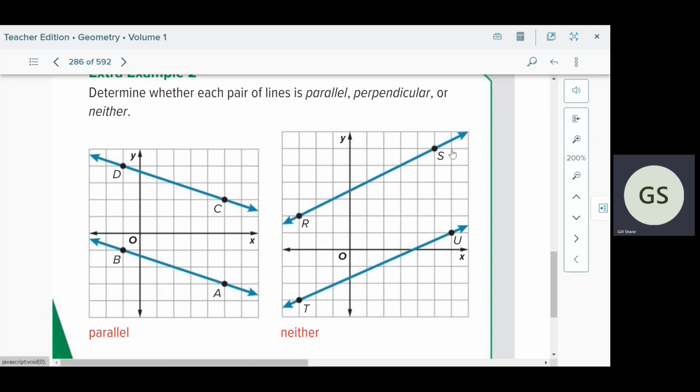You don't have to do slope or anything if you have points that you can do that with. So again, same thing. If I count from here to here, 1, 2, 3, 4, 5. Well, the distance between the lines better be 5 straight down every time. 1, 2, 3, 4, 5. Those are parallel. So again, it already tells you this down here, parallel, neither.